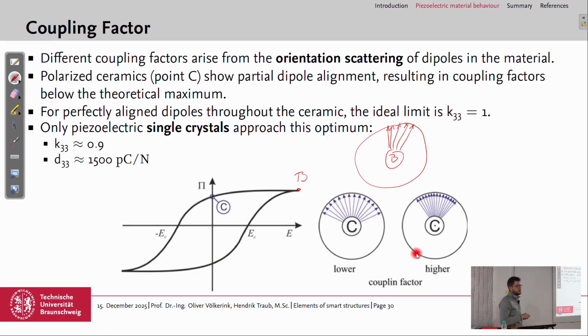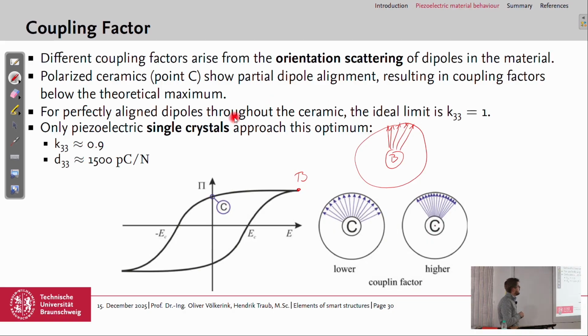At point C, when we have removed the field, we have still a high orientation, or a lower orientation, and therefore this is more efficient in transducing the energies between mechanical and electrical energy. And for perfectly aligned dipoles, so every dipole in the same direction, so this would be only a straight line, the limit is that k33 would be 1.